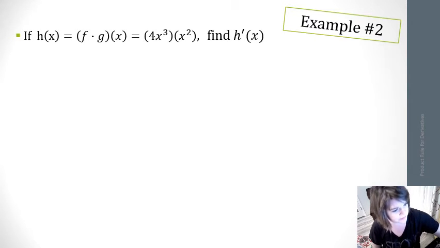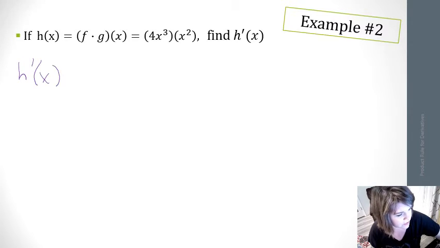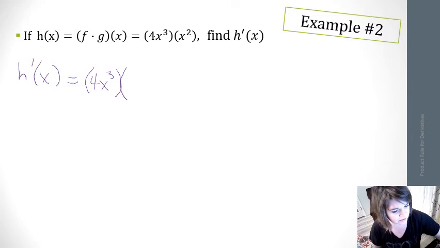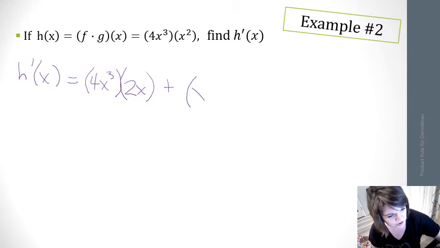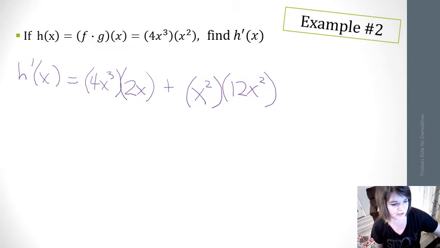So let's try it. So h prime of x equals the first function, which is 4x cubed, times the derivative of the second, which would be 2x, plus the second function, x squared, times the derivative of the first, 12x squared. And that's our answer.